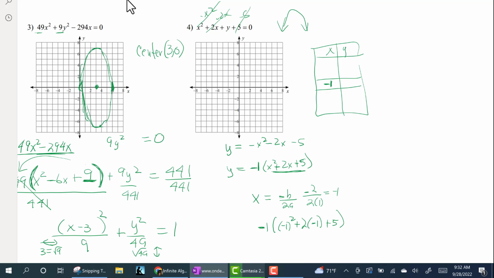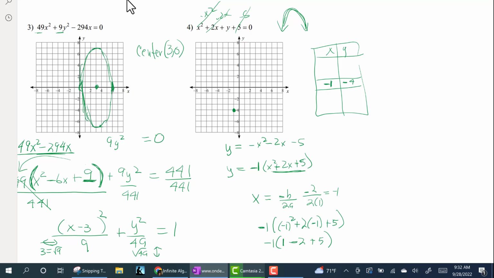And you could just type all that in your calculator if you want. I'm not going to. -1 squared is 1. 2 times -1 is -2. So 5 subtract 2 is 3. 3 plus 1 is 4, but 4 times -1 is -4. So at -1, -4 is the vertex.